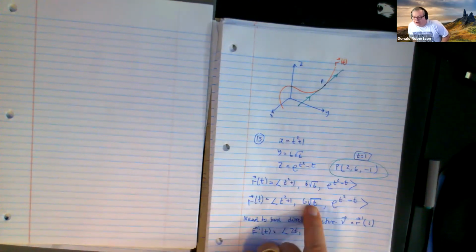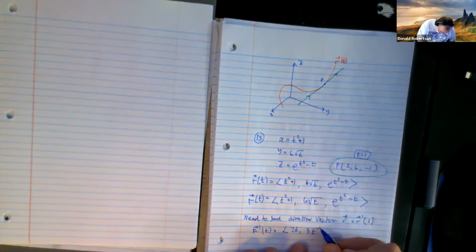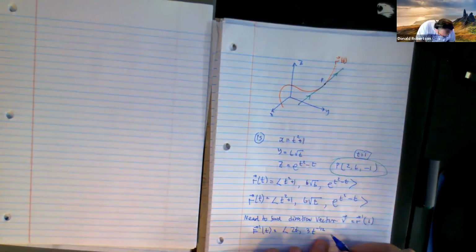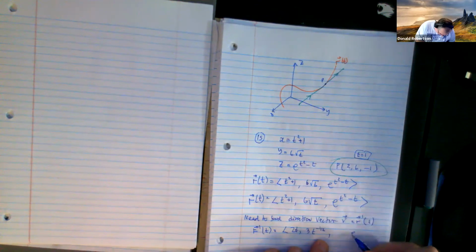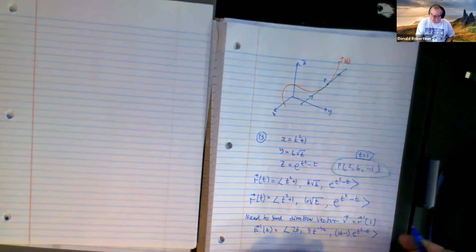If I want to differentiate this guy, won't I call him t to the half? And if you multiply by the power and then divide by the new power, he ends up looking like that, which I'll come to. And if you want to do this guy, you get e to the t squared take away t, but it is a chain rule. So don't you have a 2t minus 1 thing going on?